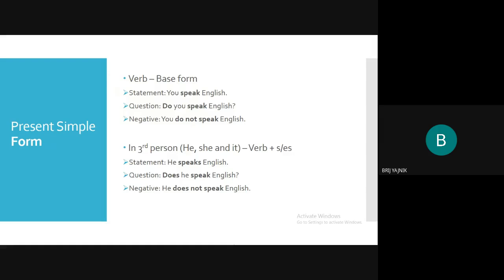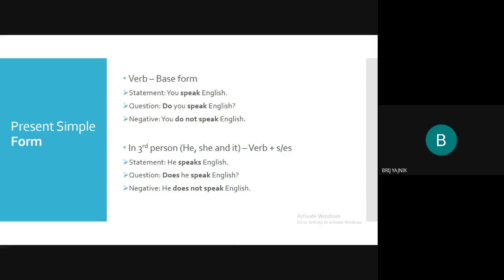We already know the form. When we use simple present tense, we don't need any ing or ed form. We just use the verb in a simple format. Some examples are right there in front of you, like "You speak English," or "Do you speak English?" or maybe something like "You do not" if it is negative.